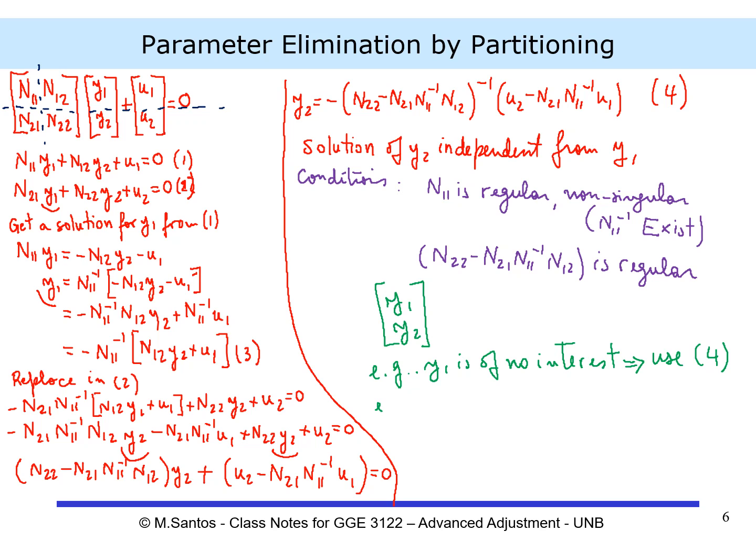The other example is that we need to estimate Y2 before Y1. It may be a condition that we have to apply. We're going to discuss examples of this situation. Both situations actually exist in geodesy and geomatics.